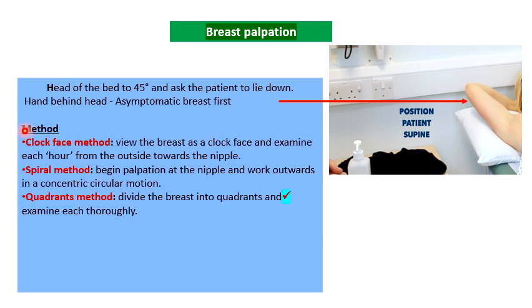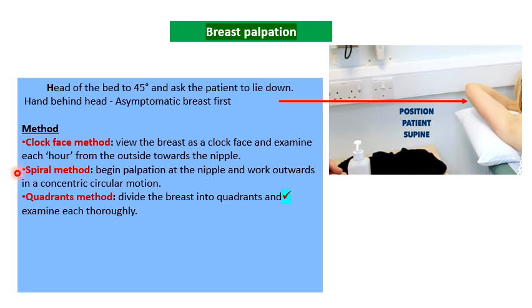Generally, there are three main methods of examining. One is the clock face method, where you view the breast as a clock face and examine from 12 o'clock going right downwards, back until 12 o'clock again, examining each hour from outside towards the nipple.